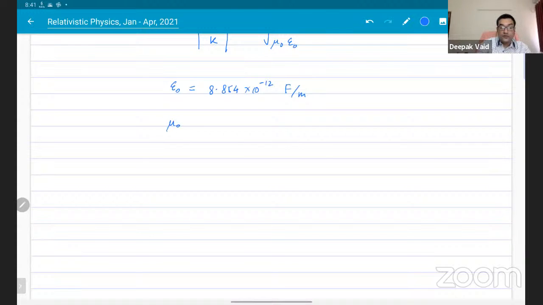What about mu naught? Mu naught is called the permeability of the vacuum, and it has a value, in SI units, of 1.256 times 10 to the minus 6, and let me see, is equal to H by m.